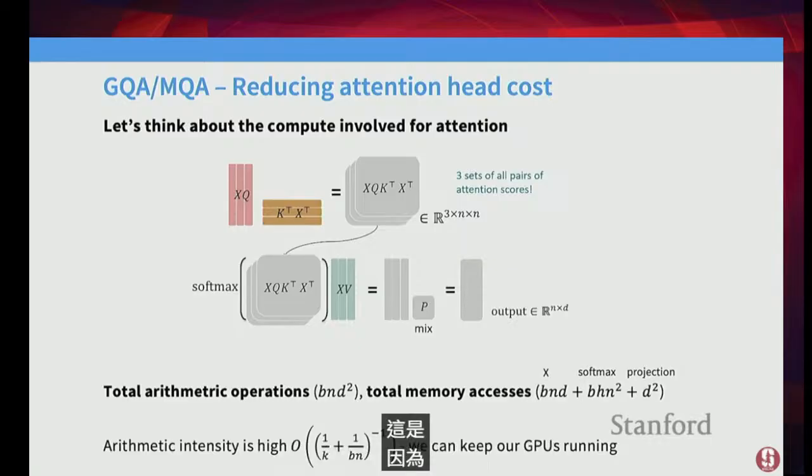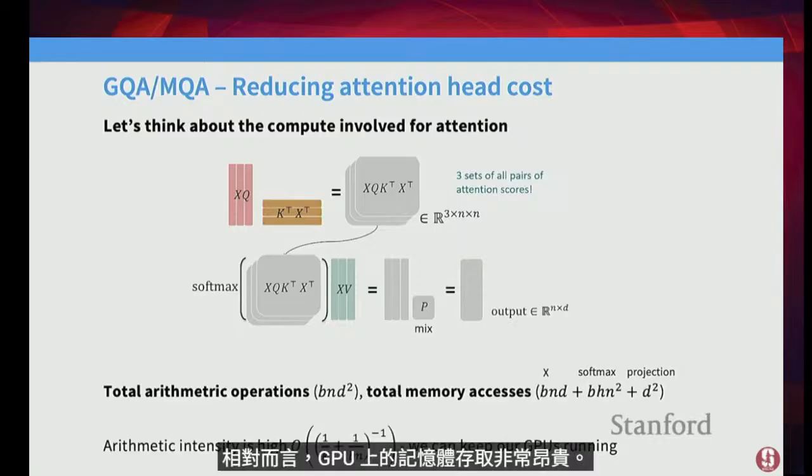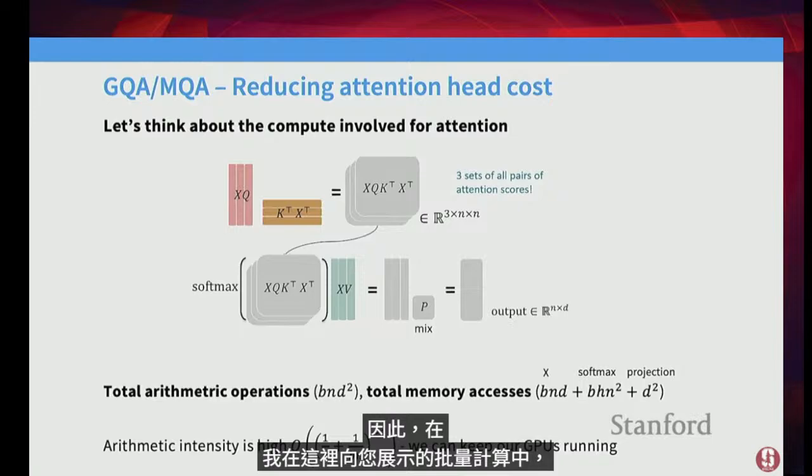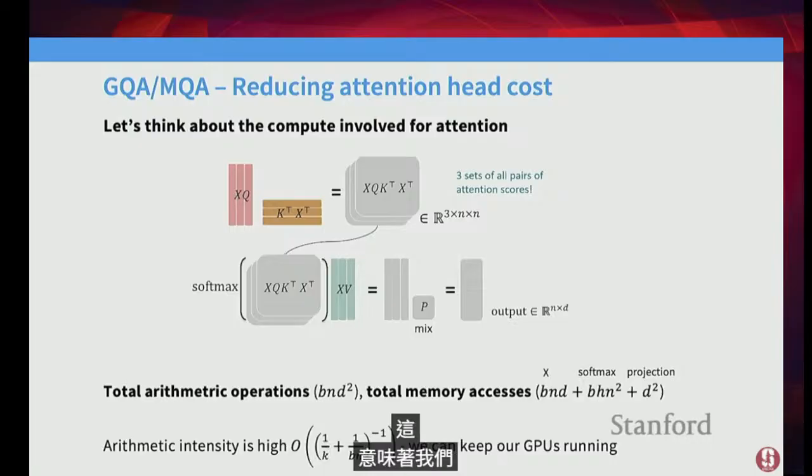This is because memory accesses are very expensive on a GPU, relatively speaking, and compute is relatively cheap. In this batch computation that I'm showing you here, the arithmetic intensity, if you take the ratio of those two things, is going to be (1/k + 1/bn) inverse. And so this means that we can keep our GPUs running.